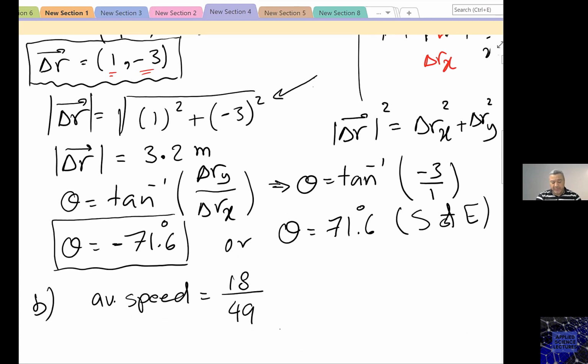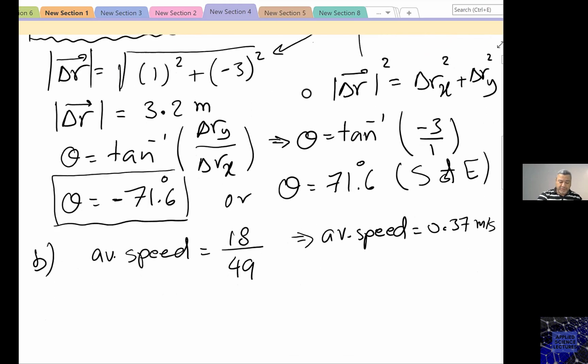We said this is the total path length and this is the time. In this case, the average speed was 18 divided by 49, which is .37 meter per second. So this is B.